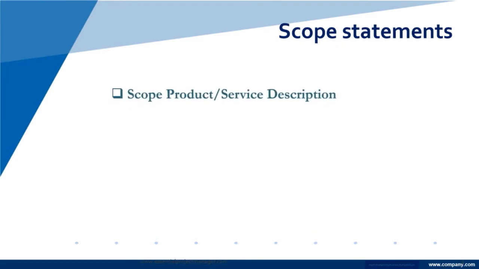Now, scope statements, it's a product or service description. It can have an acceptance criteria. Think about that. We may, in our charter, just say we need a certain application. I need a point of sale system.